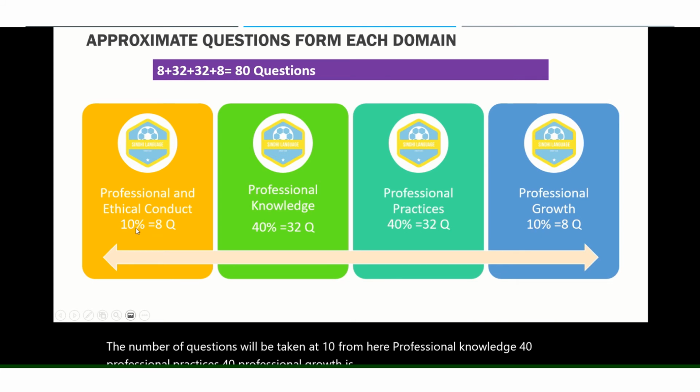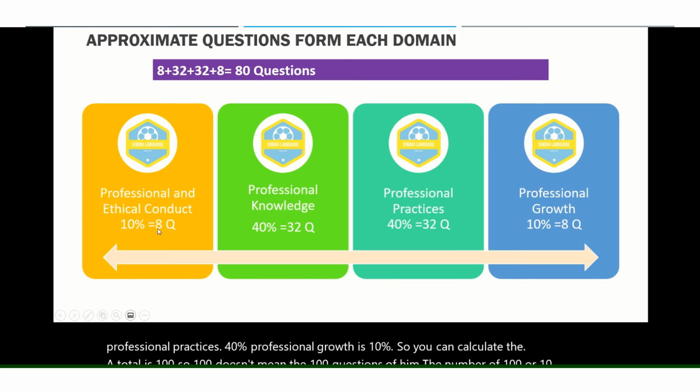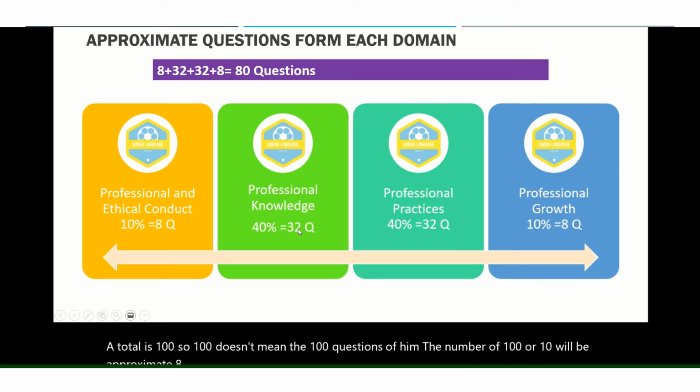So you can calculate that the total is 100%. 100% doesn't mean 100 questions. 10% will be approximately 8 questions, similarly 32 questions, and again 8 questions. This is the approximate number of questions that will be taken from each domain or standard.